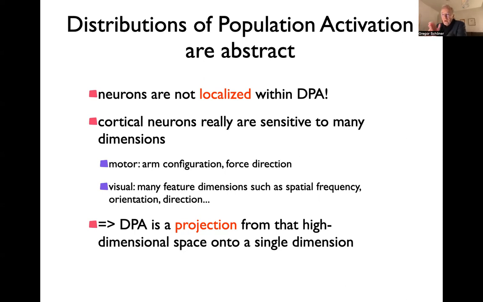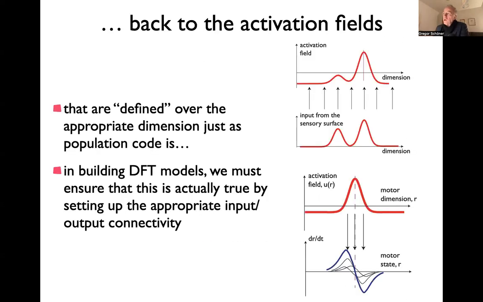At every location in the field, all kinds of neurons contribute that have overlapping tuning curves. In the motor system, these tuning curves are particularly broad, so the smearing out effect is not negligible. It's really a much more abstract picture. Good. So that's just a very rough neural embedding of these fields.